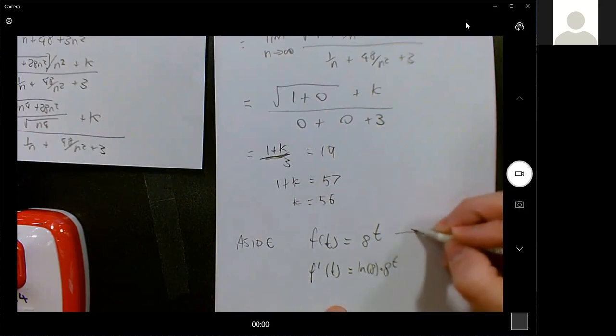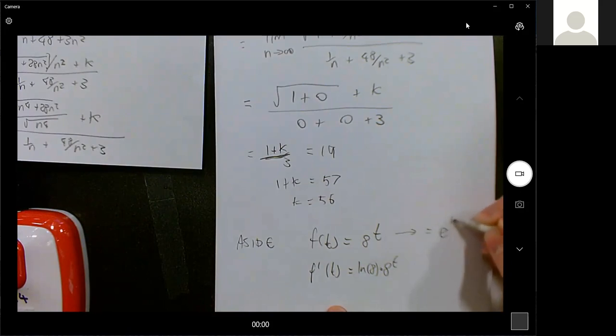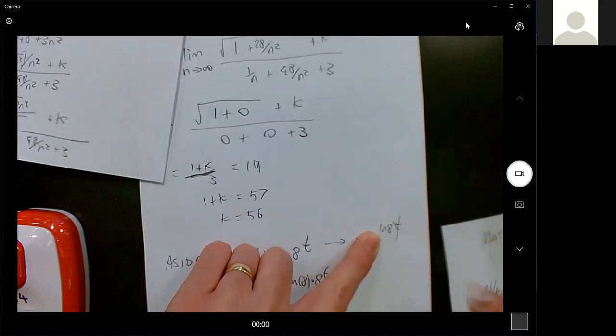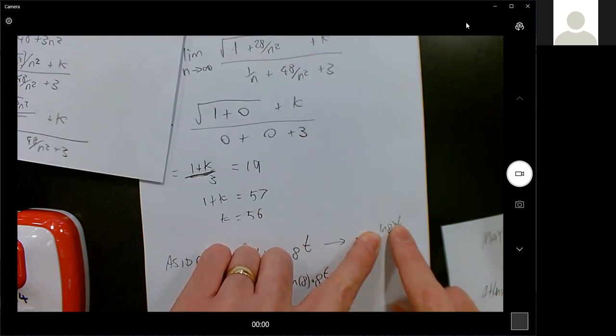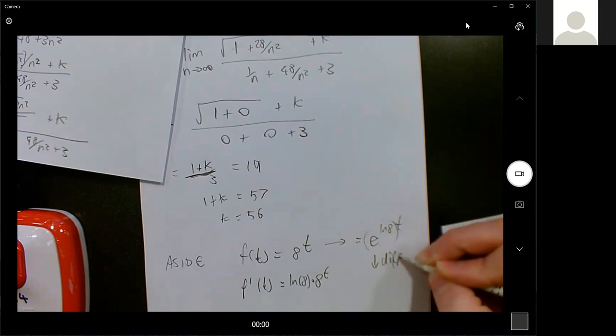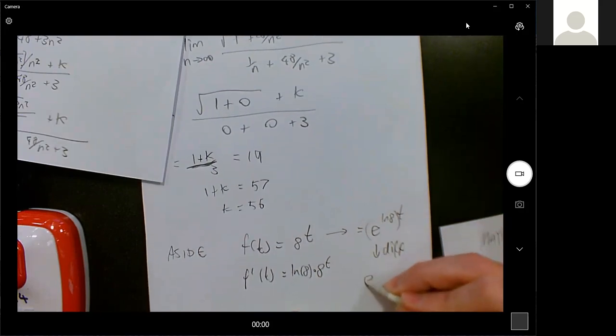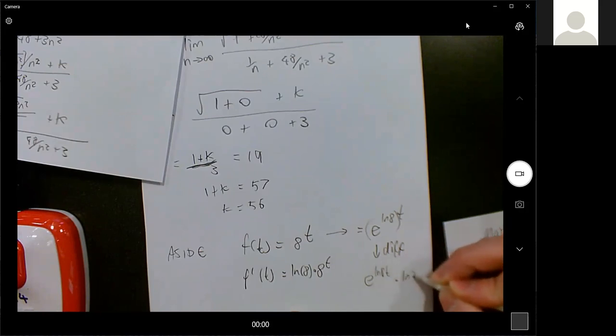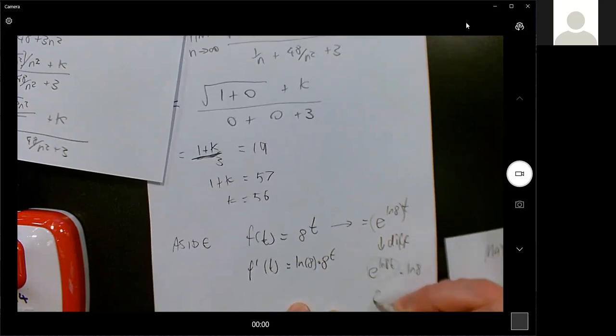You can prove it by going, well, that's equal to e to the ln 8 to the power of t. And when you differentiate e to the power of something, it's the same, but you have to multiply by the derivative of that, which is the number ln 8, because that's what's attached to the t. So when you do the derivative, you get e to the ln 8 t times ln 8, and this was originally 8 to the t.